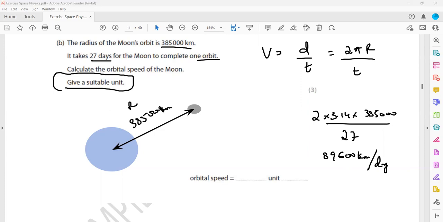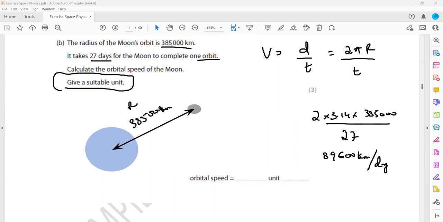In kilometers per day, it will be about 89,600. If my answer is in kilometers per hour, then it is about 3,731. If my time is in minutes, it's about 62 kilometers every minute the moon covers. And in meters per second, it's about 1 kilometer per second. That's right, 1.036 is about 1 kilometer per second.